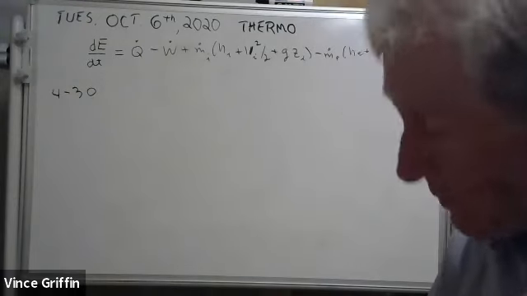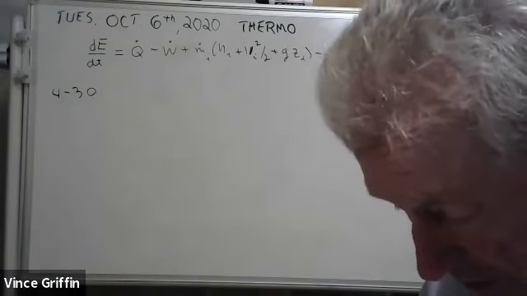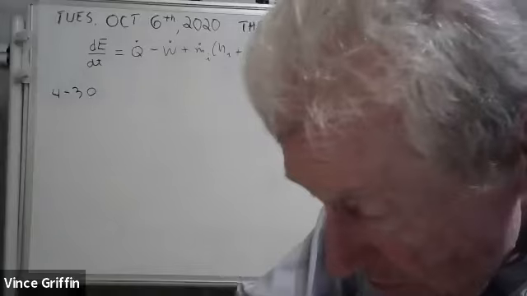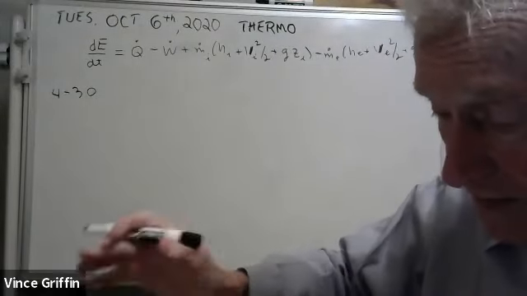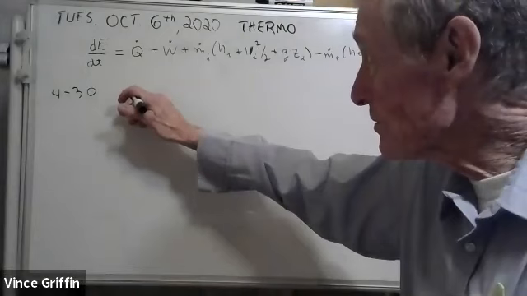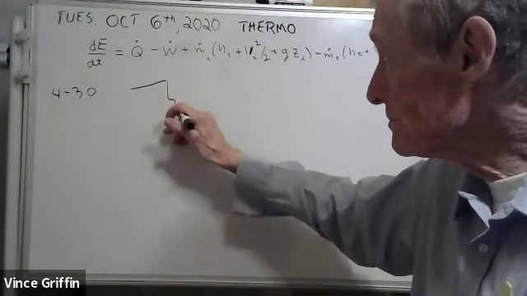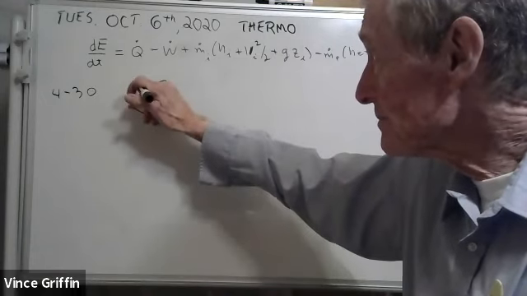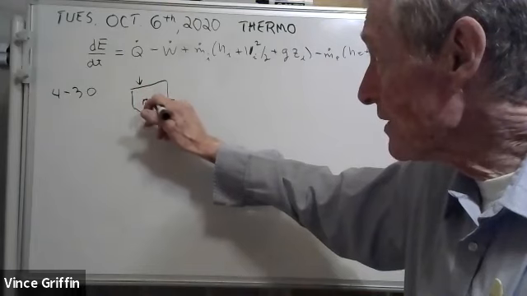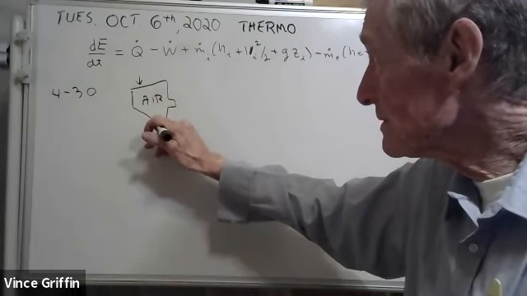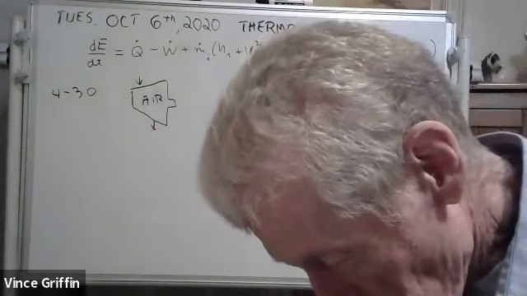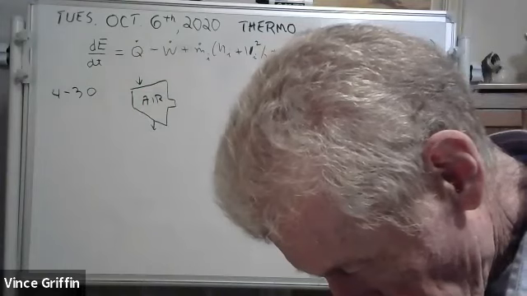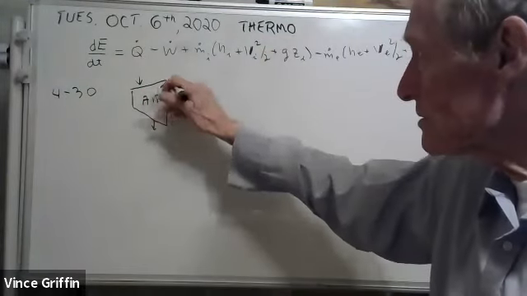But anyway, back to our problem. 4.30, it's a high-speed turbine, compressed air. You always start off by doing the device sketch. So here goes. Here's the turbine. The symbol kind of looks like that. And this is going to have air in it, and it's coming in. It has a power output of 100 watts.